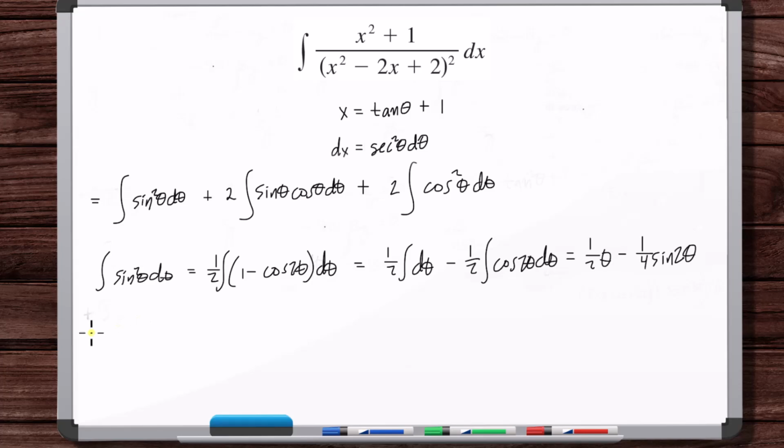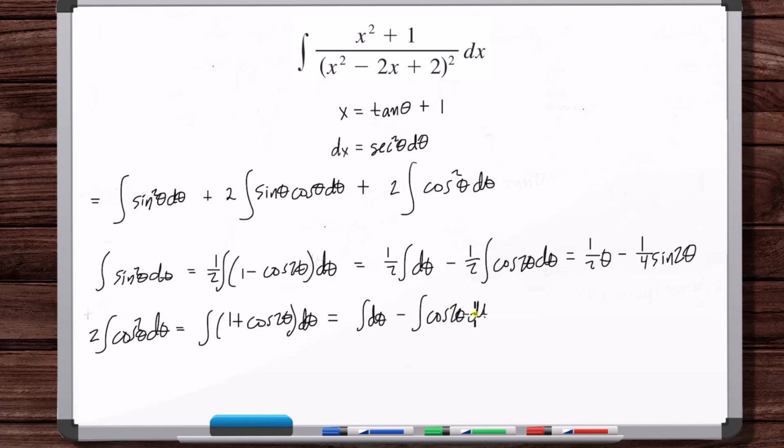Okay, now let's do the cosine squared. We'll take out a 1/2, and then it's 1 plus cosine 2 theta, so, theta, or no, it's plus.